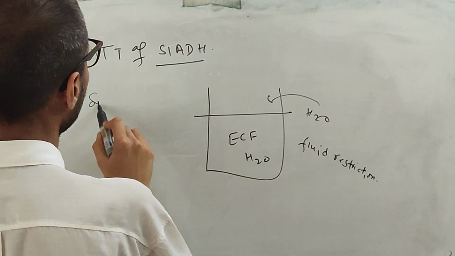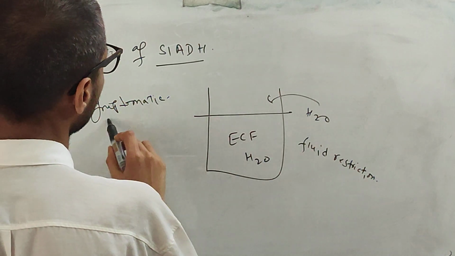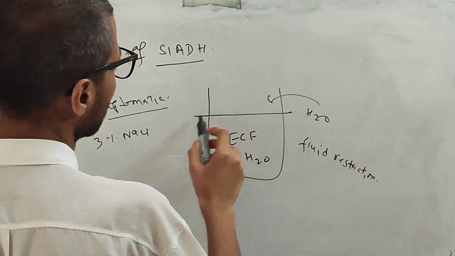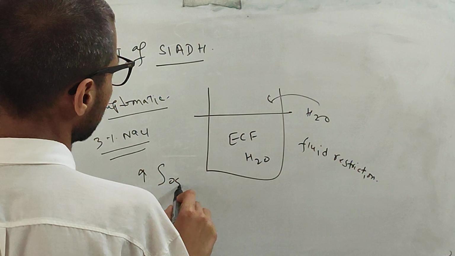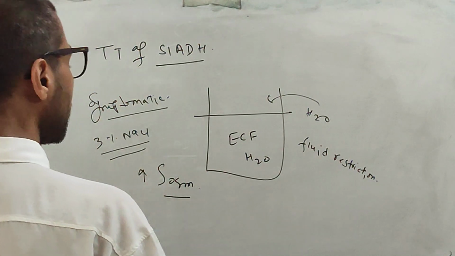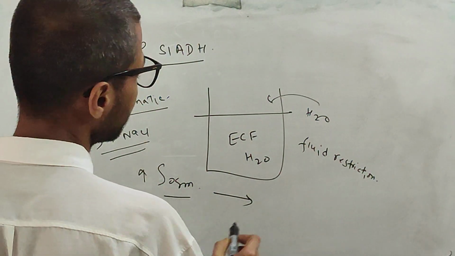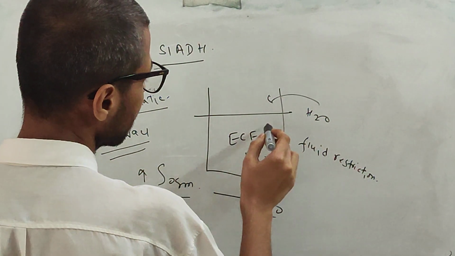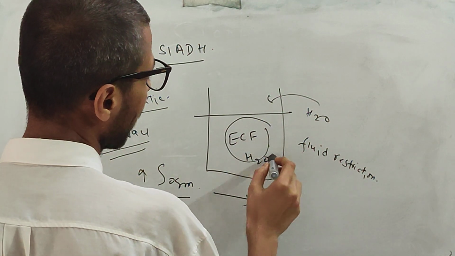If the patient is symptomatic with low serum sodium, then you can give 3% sodium chloride. When you give 3% sodium chloride, it increases serum osmolality. And due to increased serum osmolality, the patient can pee more urine, and thus the free water in the extracellular compartment decreases.